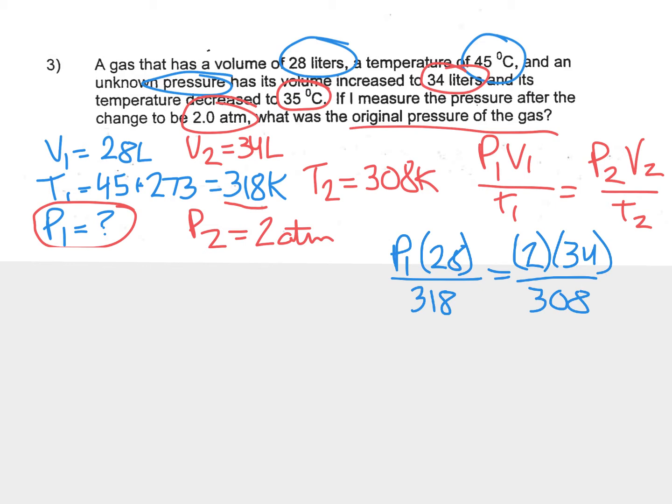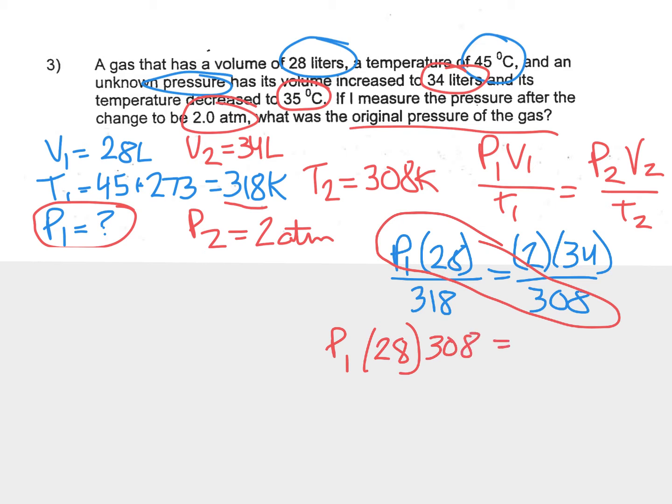Well, to solve that, we can just do cross multiplying if that makes you feel better. So that would end up being P1 times 28 times 308 will equal the other cross, which is 318 times 2 times 34. All right, well, let's go ahead and work that out.